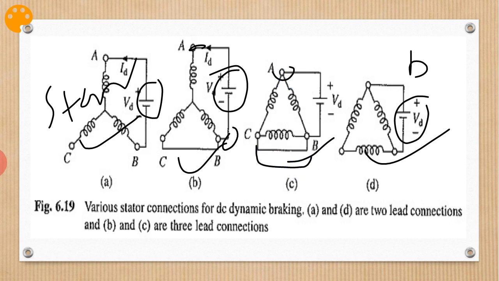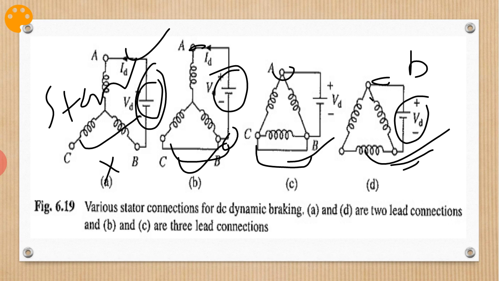So this is called a 3-lead connection, whereas in this one there is no shorting, and only between A and B the DC supply is connected, with no shorting between C and B. Here also the DC source is connected in between.